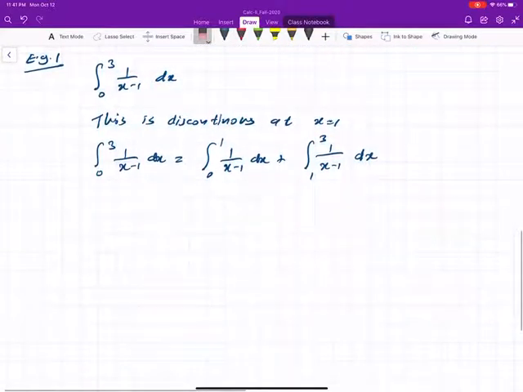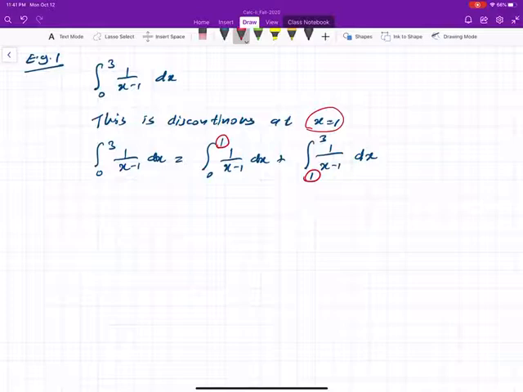All right, so this is discontinuous at x equals 1, so it is discontinuous at both places.